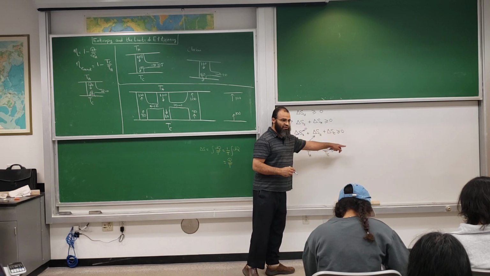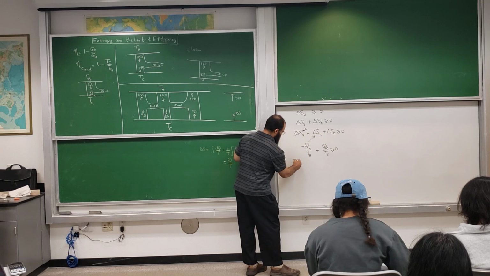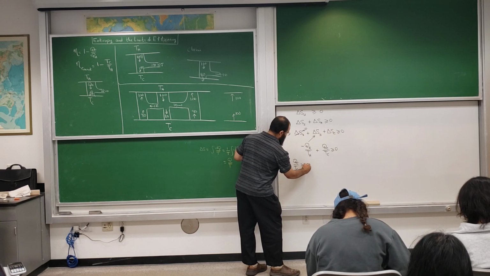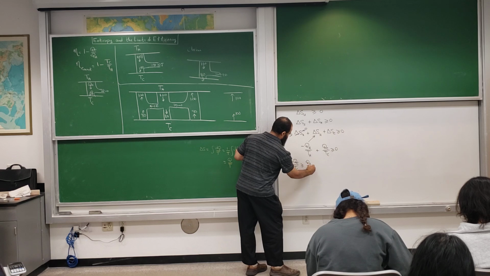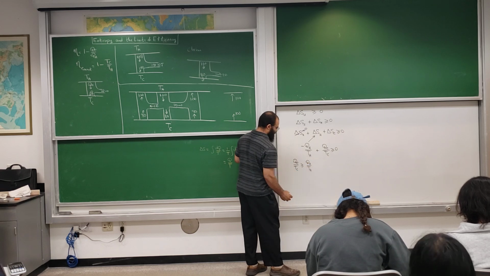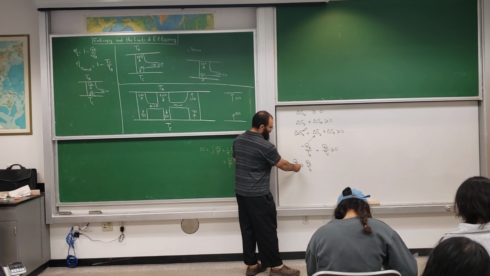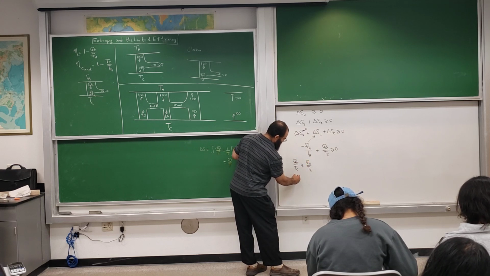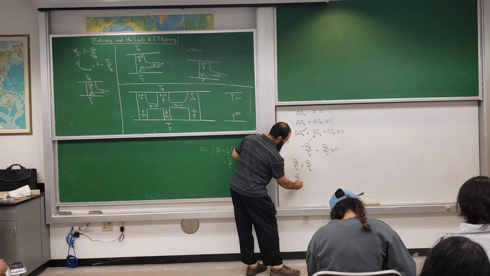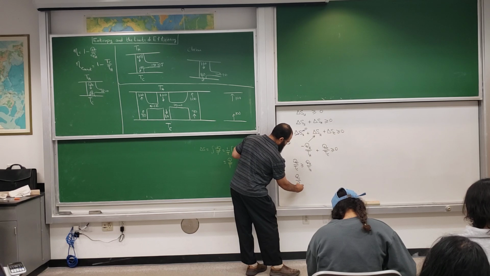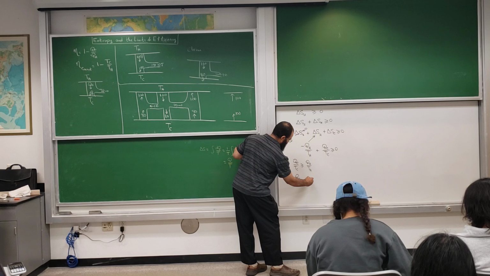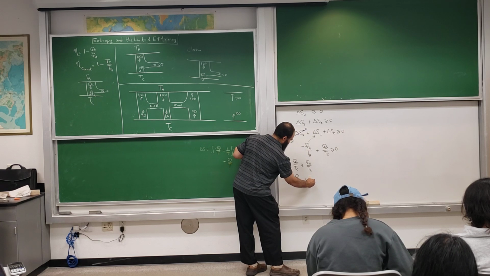Let's move this to the other side. So I get this, QC over Tc is greater or equal than QH over TH. Okay? I'm going to multiply both sides by Tc and divide by QH, meaning I will get this, QC over QH is greater or equal than Tc over TH.